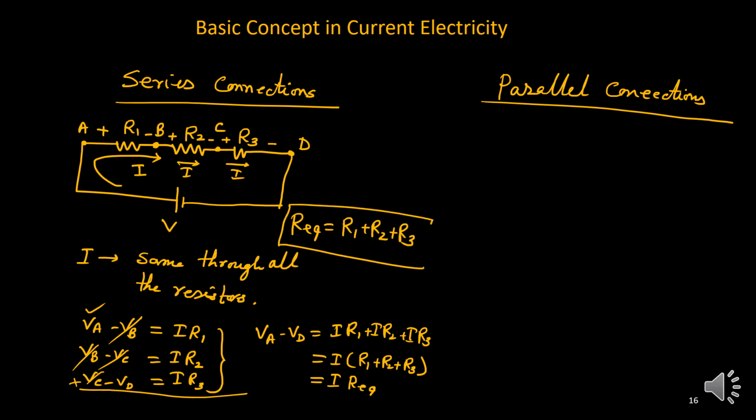I can consider that same circuit equivalent to only one resistance R equivalent with the same voltage source V, and I will get the same current I. If I have more resistances, I can just add all of them. So in series connections, the resistances are added up to get the equivalent resistance.